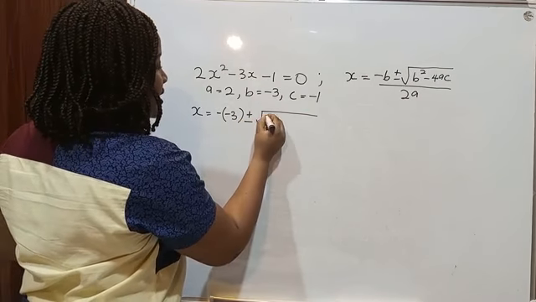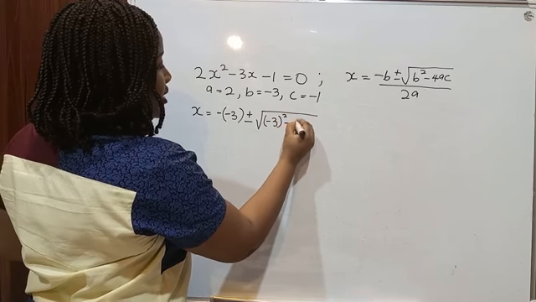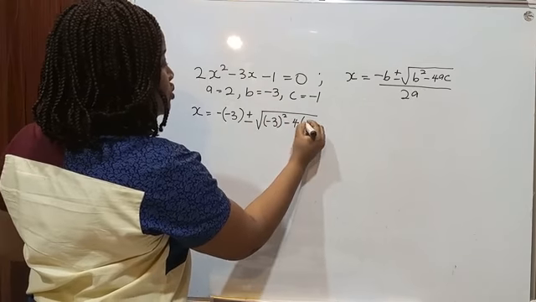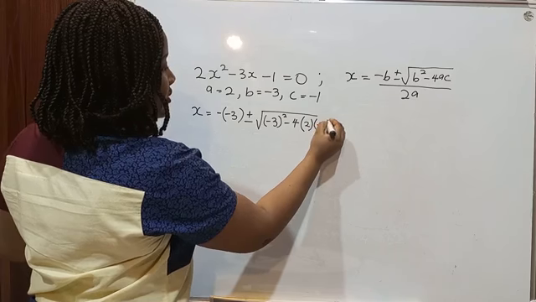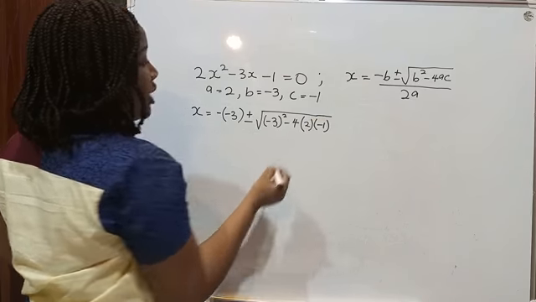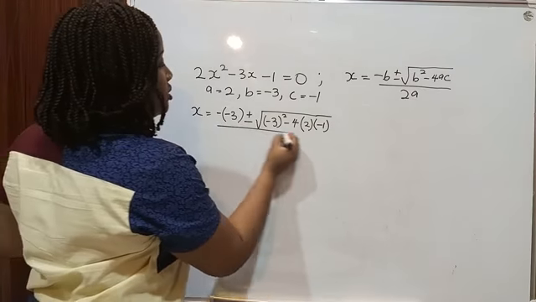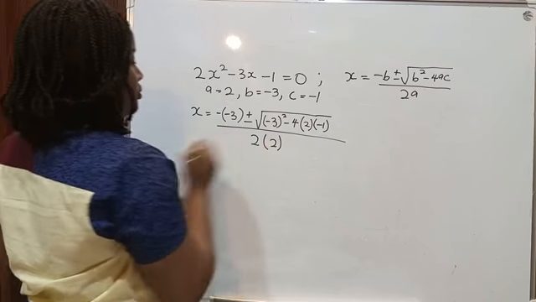B is minus 3. You have minus 3 squared, minus 4 brackets, a is 2, c is minus 1. It's very important you're careful with your signs. All over 2 brackets 2.